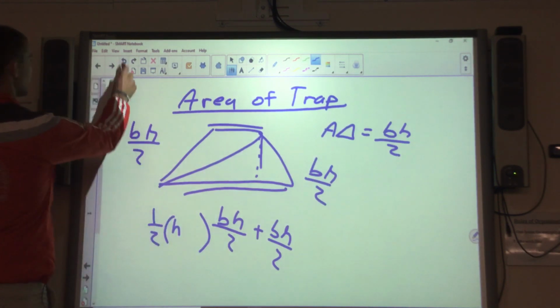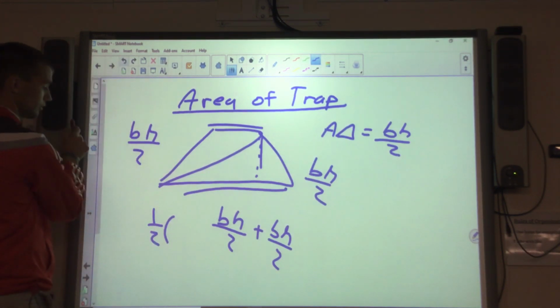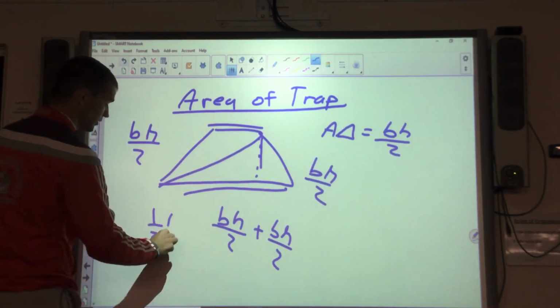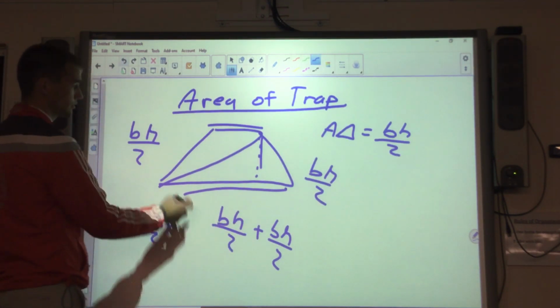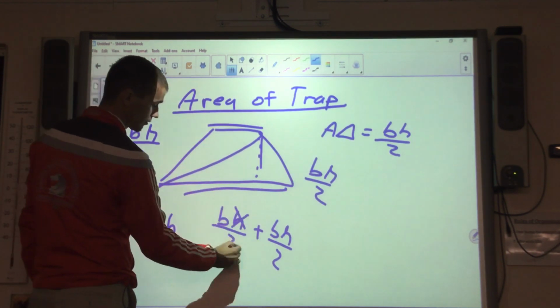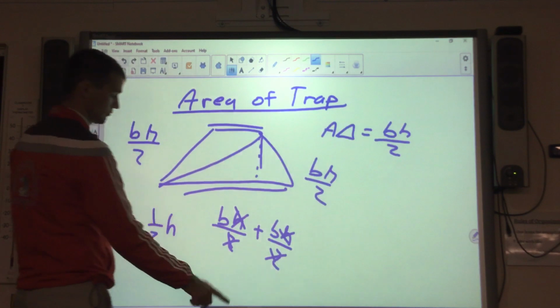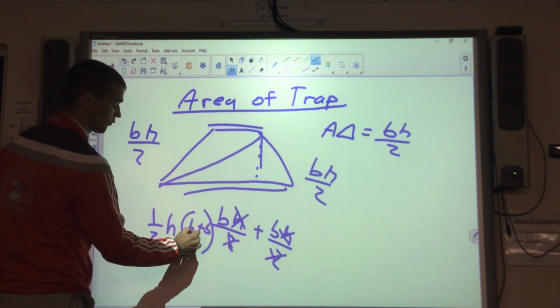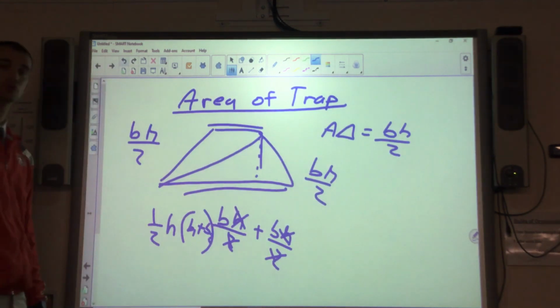You can factor out a half, and you can factor out the height, because one of the things I didn't show in here is that the bases are different, but the heights are the same. So you can factor out both of these, so that the only thing you have left is base plus base, and one of these is 1 and the other one is 2.